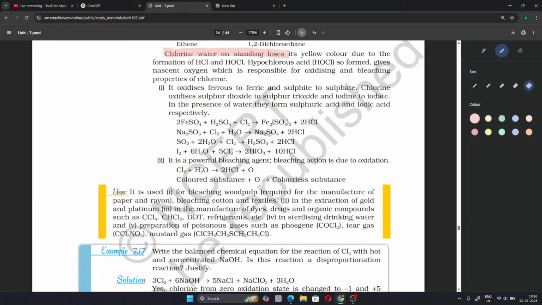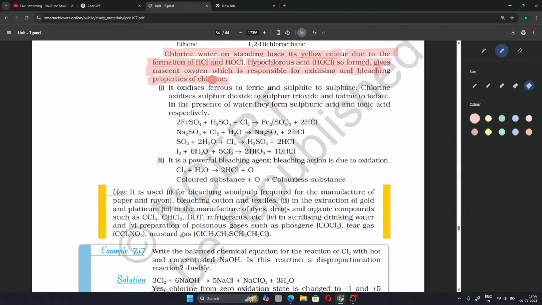Chlorine water on standing loses its yellow color due to the formation of HCl and HOCl. Hypochlorous acid so formed gives nascent oxygen, which is responsible for the oxidizing and bleaching properties of chlorine.